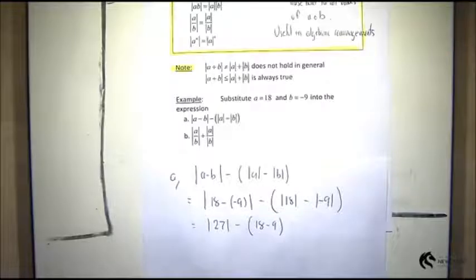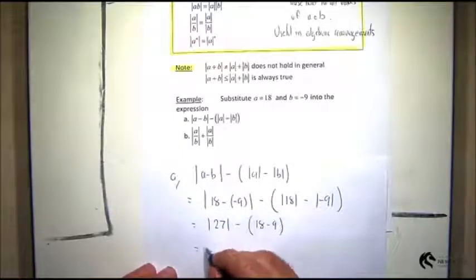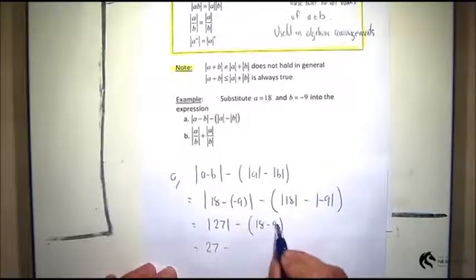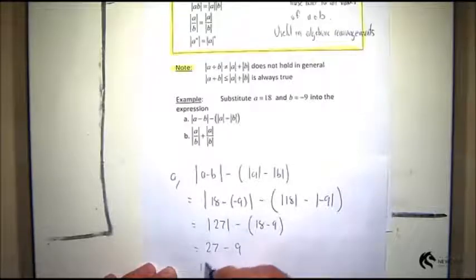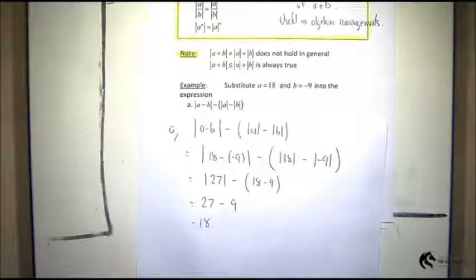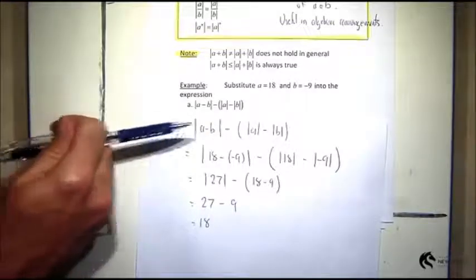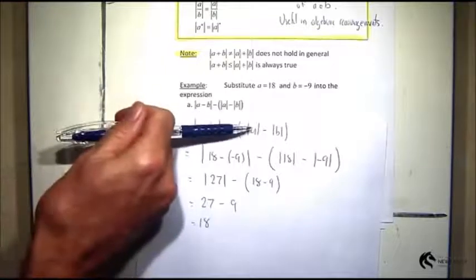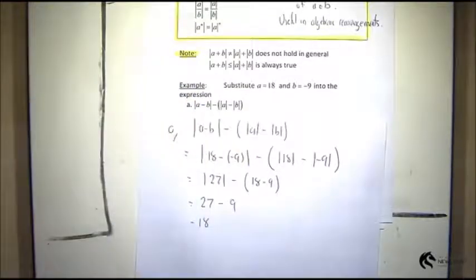The absolute value of 27 is 27. 18 minus 9 is 9. And so the end result out of all of that is 18. Clearly not 0. So you can see here the absolute value of A minus B is not the absolute value of A minus the absolute value of B.